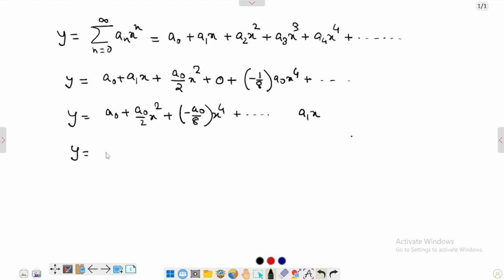So finally I can write this equation in this format: a0 (1 plus 1/2 x² minus 1/8 x⁴ plus dot dot dot) plus a1 x. So this is the solution of the series.